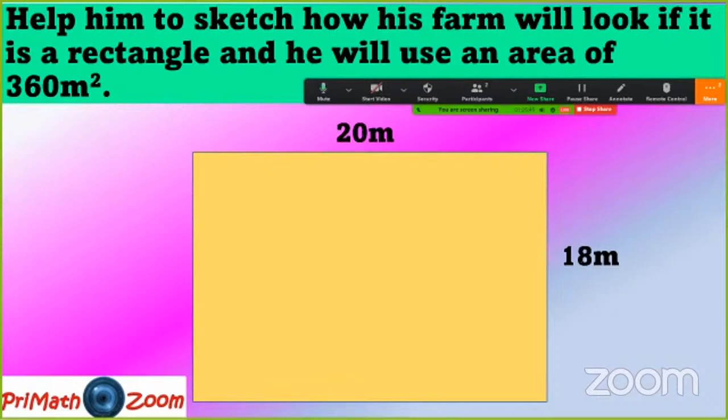Janelle says she used 90 meters times 4. Mark Francis says 8 times 20, but 8 times 20 does not give us 360 square meters, Mark. 18 times 20 does. If you multiply 18 meters by 20 meters, you would definitely get your 360 square meters, but not 8 times 20.